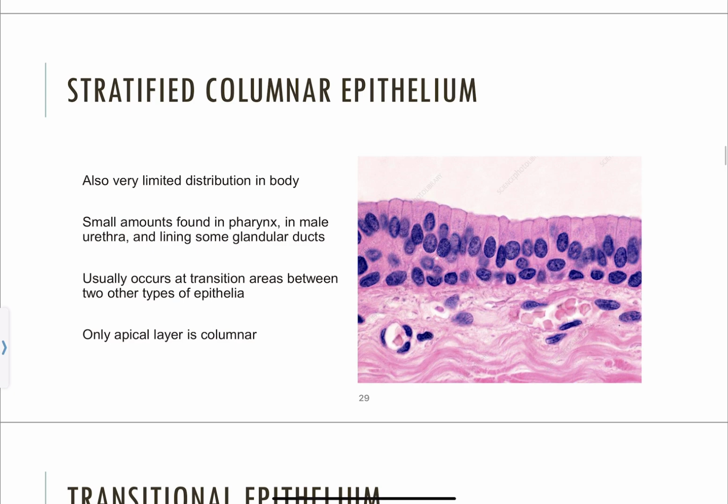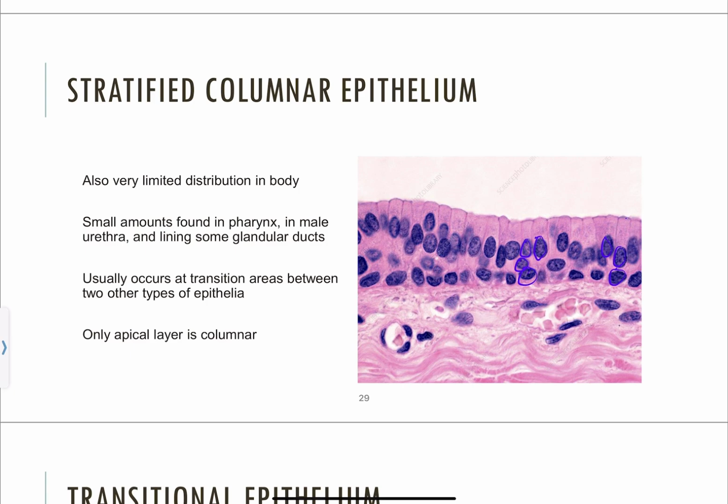Stratified columnar, again, very, very rare. We have it in some places, very, very small amounts in our pharynx as well as our urethra. So if we look here, we can tell it's columnar by looking at the nuclei. I can tell it's stratified because I see nuclei here, here, and here. So we have multiple layers of nuclei above and below each other, which indicates that it's multiple layers, not just a single layer.